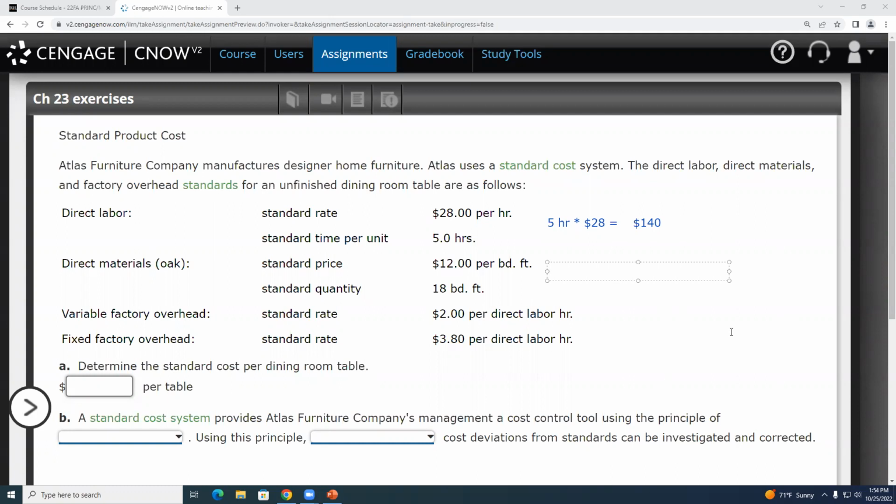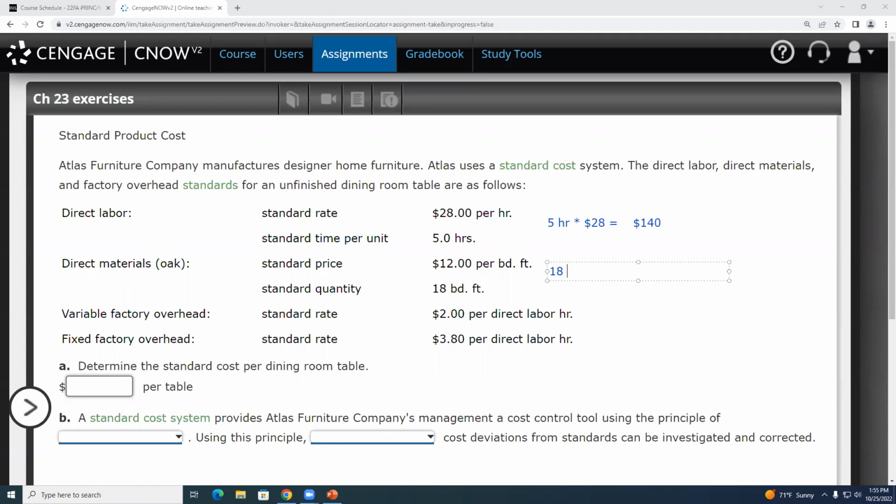How about our direct materials? We expect to take 18 board feet to make a table. How do we know that? Well, we looked at the specifications in the design, and we talked to the production people to find out, there's probably some trim that needs to happen. So it doesn't necessarily mean that 18 board feet end up in the finished table. We need to be able to trim or cut out any bad spots or whatever.